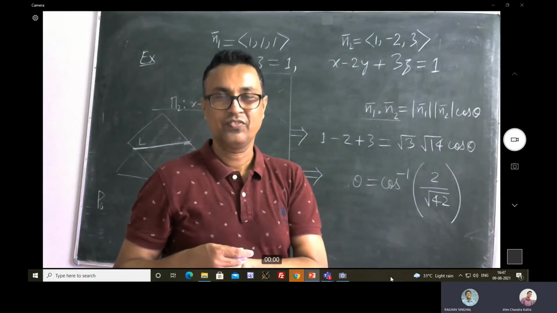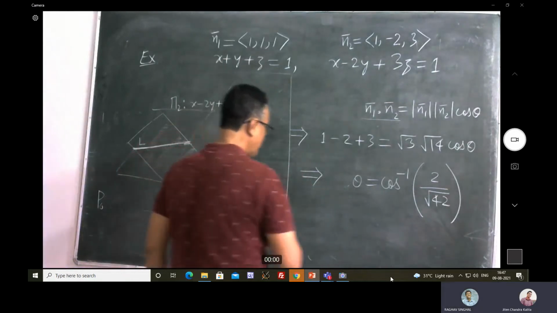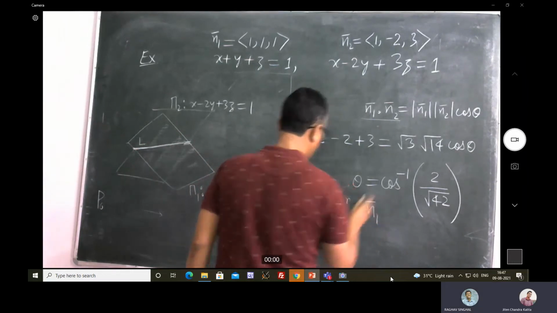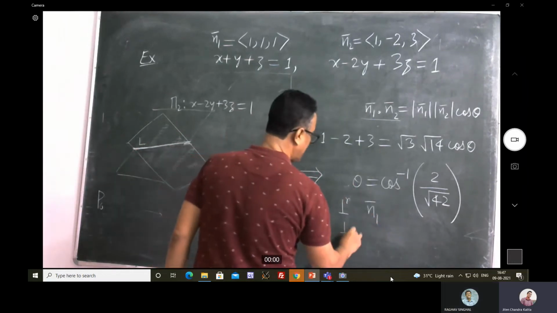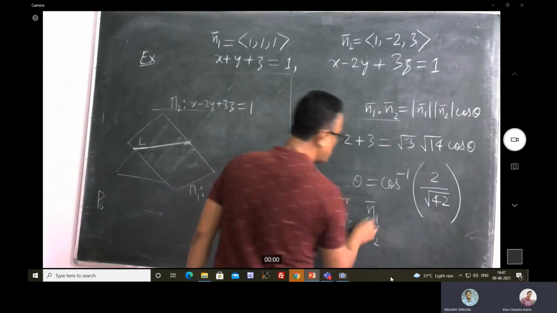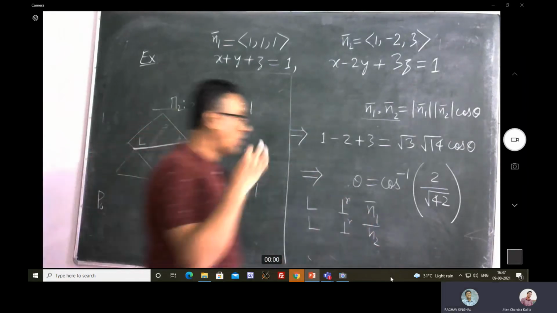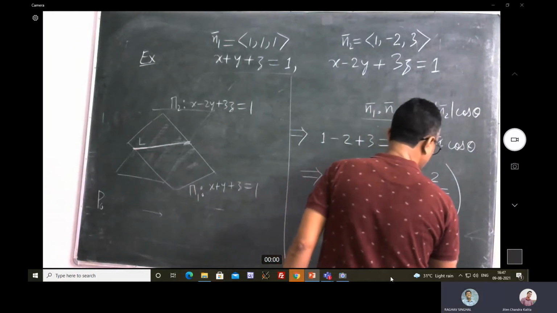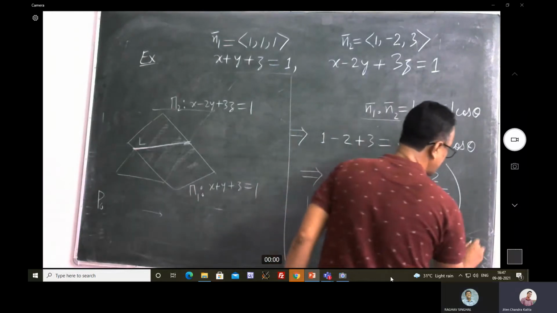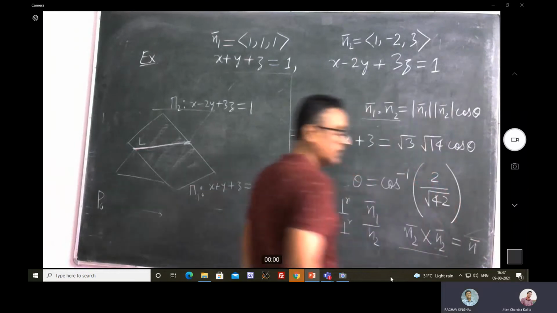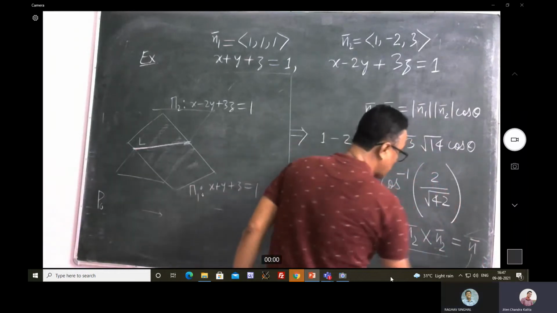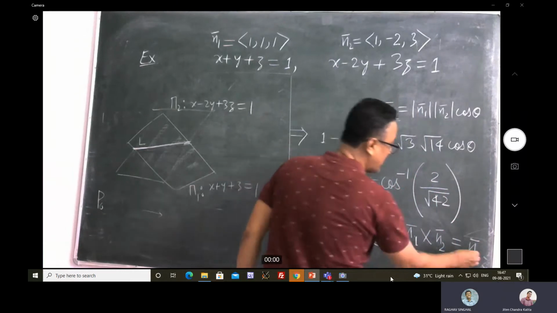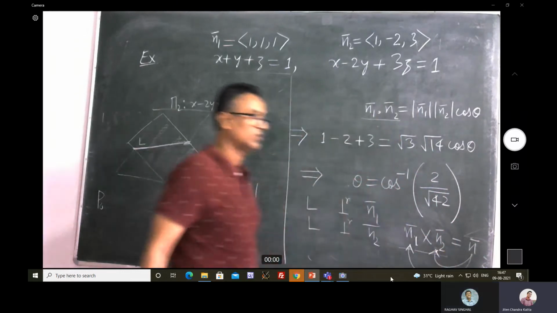So what we have found out is that L is perpendicular to N1 and L is perpendicular to N2 as well. On the other hand, if the cross product of the two vectors is simply N, then this N is going to be perpendicular to both N1 as well as N2.